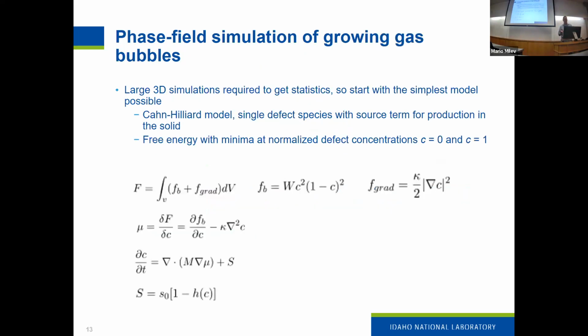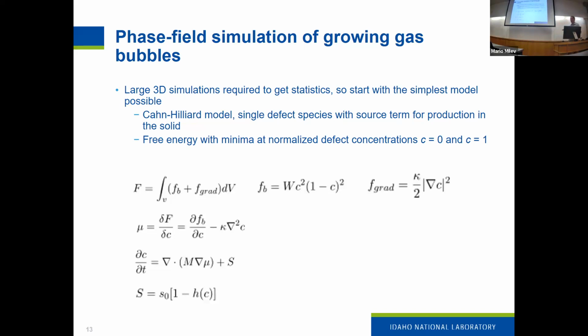To do that, we needed to run some pretty large 3D simulations. We're using a relatively simple model for this. It's a Cahn-Hilliard model, and we have basically a single defect species that represents the gas atoms found with vacancies. It uses a double well function for the free energy, which basically gives us normalized concentrations of defects of 0, which is basically the fuel, and 1, which is the bubble phase.